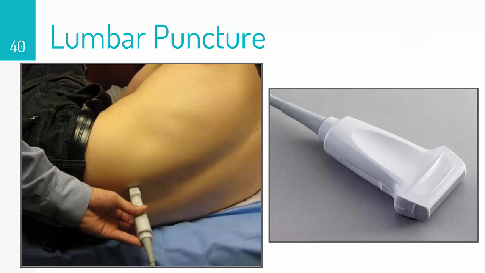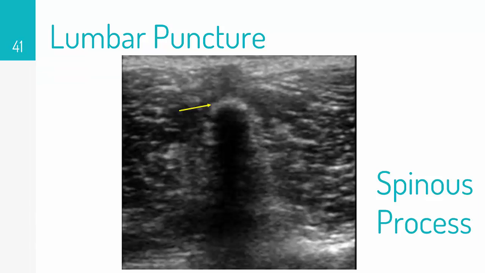The patient may be placed in the seated or lateral recumbent position as in standard LP setup. First, take the probe and place it perpendicular to the longitudinal line of the spine at approximately midline. The purpose of this view is to identify the hyperechoic spinous process to mark the true midline. And again, the patient pictured here isn't really going to be the patient that we're going to be doing this on, because obviously that patient is probably someone you can find the landmarks by palpation, but for the sake of imaging.